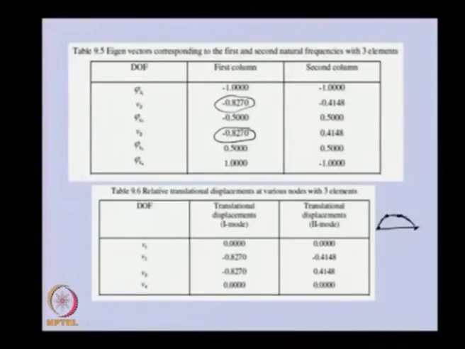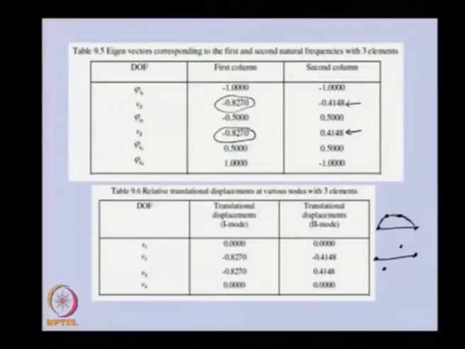For the second mode, we need to pick up the second column. So corresponding to this and this we need to pick up. You can see this is negative, this is positive, and they are 0. If we want to plot the mode shape, nodes 1 and 4 are 0, this is negative at node 2, and this is positive.